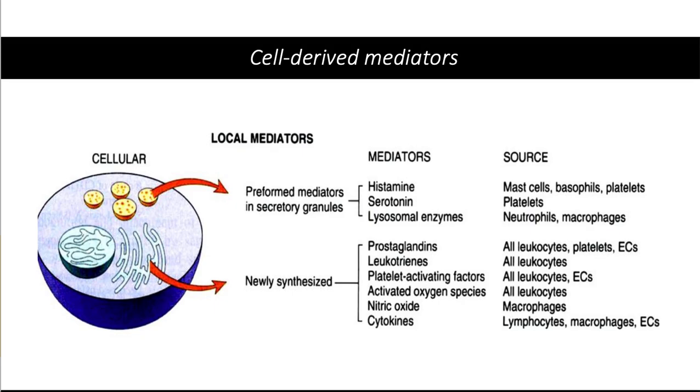Mediators may be produced locally by cells at the site of inflammation or may be derived from circulating inactive precursors that are activated at the site of inflammation. Cell-derived mediators are rapidly released from intracellular granules or are synthesized de novo, like prostaglandins, leukotrienes, and cytokines, in response to a stimulus.